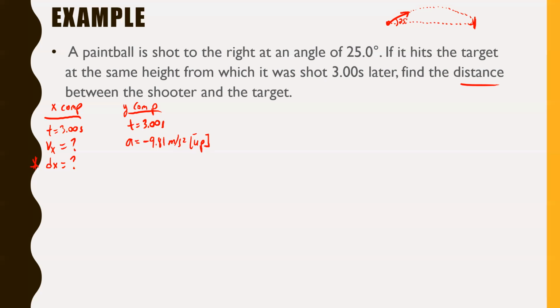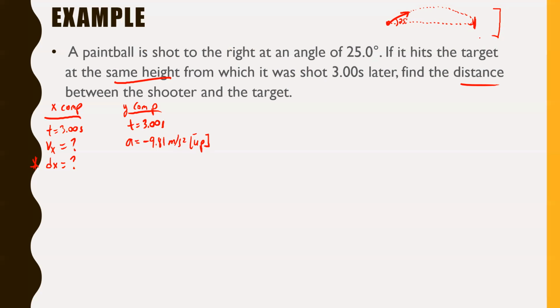We actually have something else in our Y direction that might be a bit surprising to you. Notice it says it hit the target at the same height from which it was shot. That means during this whole motion, from the beginning to the end, in terms of the Y direction, up and down, the paintball ended up at the same height from which it was shot.